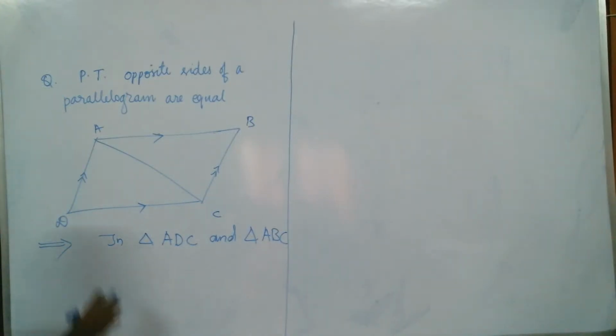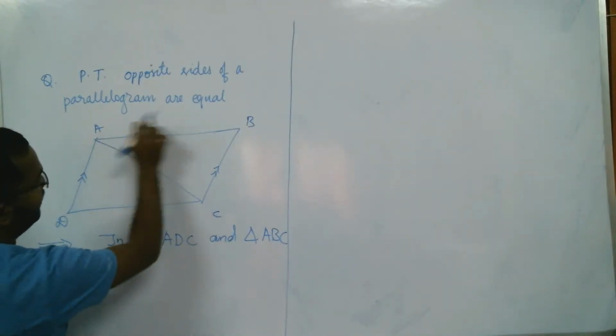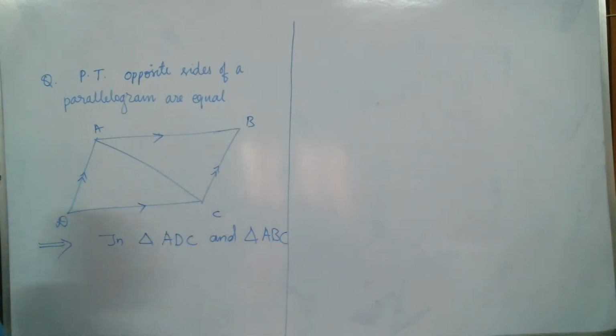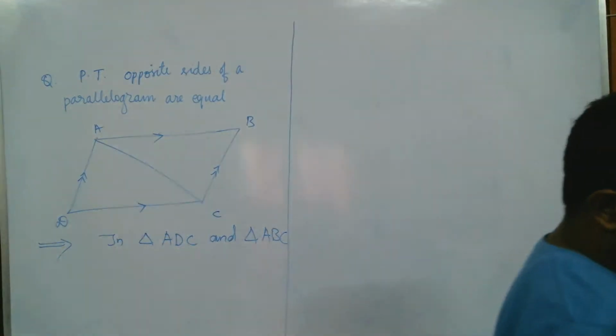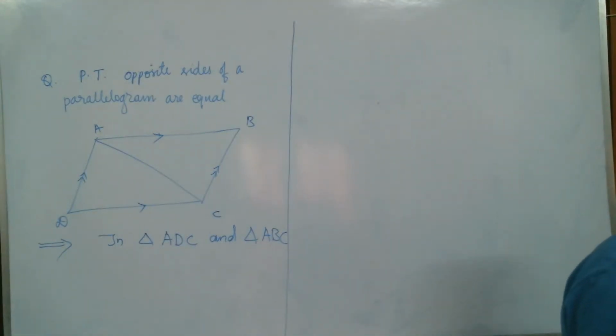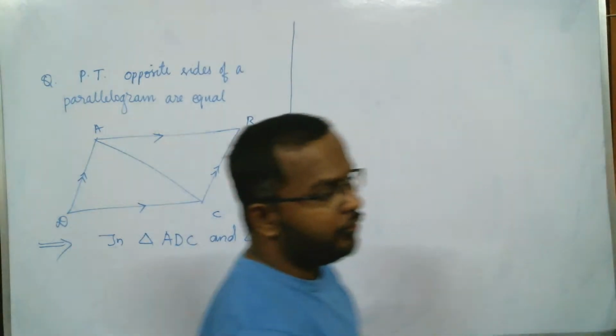Now you tell me which criteria you are going to use to prove these two triangles, ADC and ABC, as congruent. How will you do it?